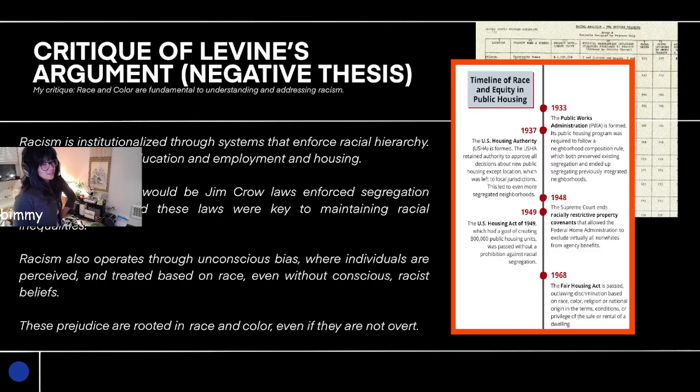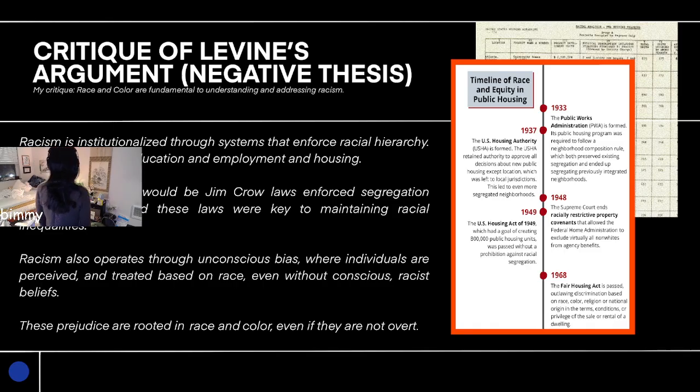Racism also operates through unconscious bias, where individuals are perceived and treated based on race, even without conscious racist beliefs. So, we all have some beliefs and biases about certain races, racism, race in general. An example of this would be law enforcement, and how black individuals are more likely to be targeted by law enforcement because there is an unconscious bias that associates black individuals with criminalization.